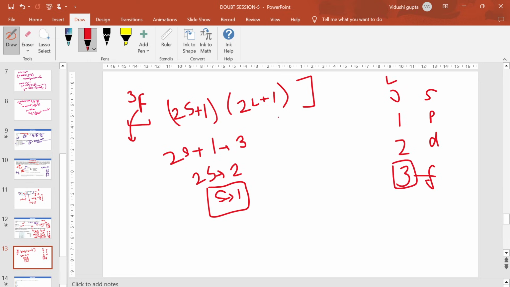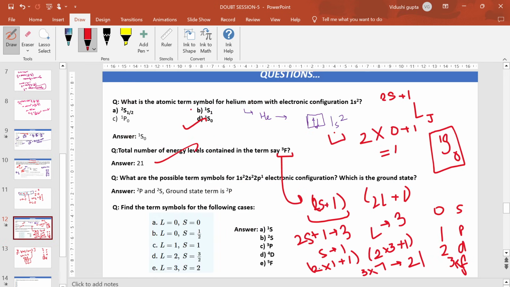So now we know S is 1 and L is 3. Now we have to substitute these two values in this equation. We have simply put 2 into 1 plus 1 multiply 2 into 3 plus 1. That is 2 plus 1, 3, 2 into 3 plus 1, 7. So 3 into 7 is 21. So that's the answer. Is this clear?